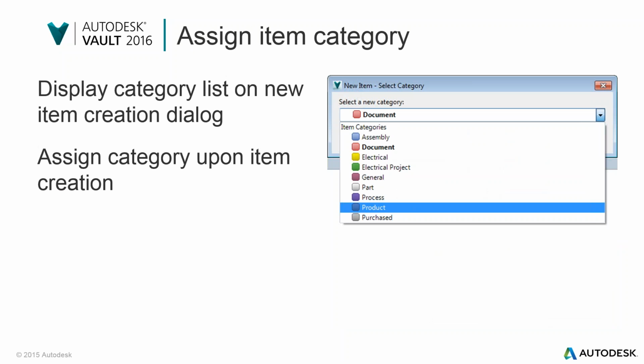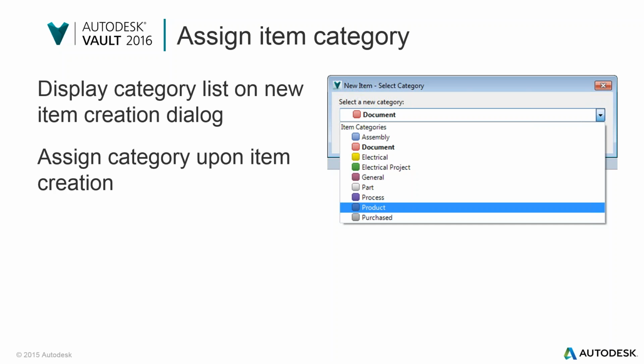And ultimately, when you create an item, it allows you to choose what category you want to pick. Previously, when you created an item, it was always the default. I think document was the default, and now you can pick and choose which categories you can apply it to. And as you know, categories are completely configurable.